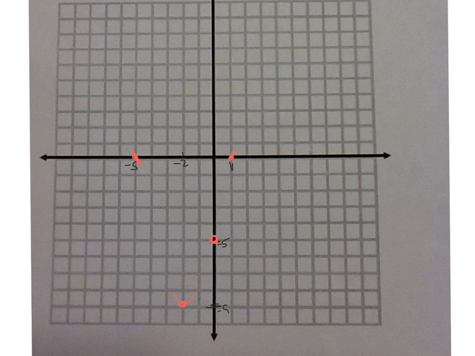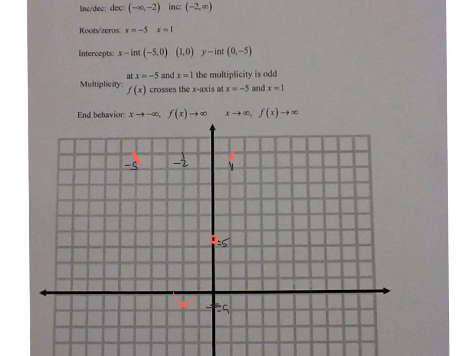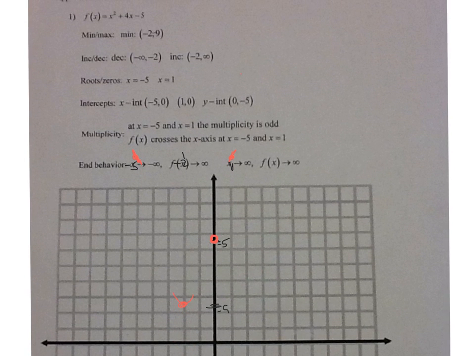All right, so now what I want to look at also is how it's either increasing or decreasing. So you want to look at this right here. All right, so as x comes from -infinity to -2, it's decreasing from -infinity to -2. All right, so let's move the graph back.